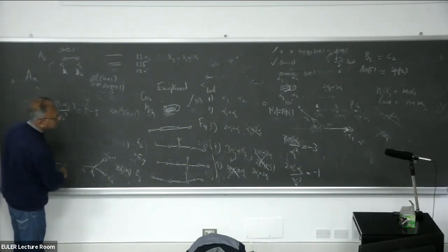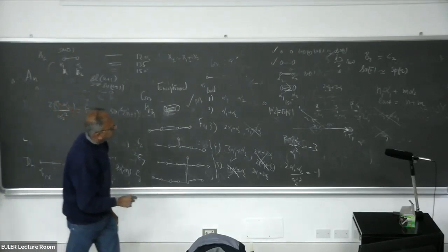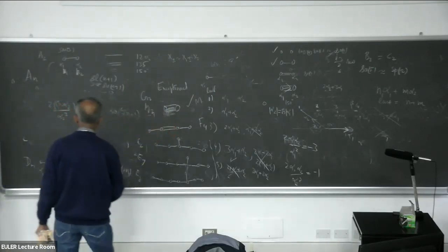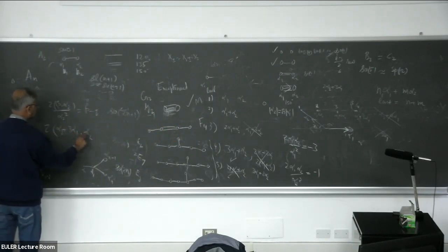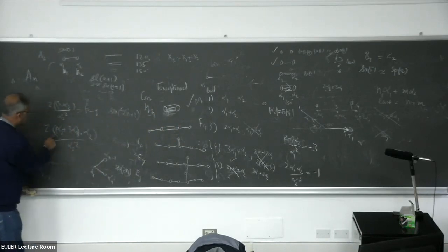Beta is alpha 2 plus 3 alpha 1. So this is 2 times alpha 2 plus 3 alpha 1 dot alpha 2, divided by alpha 2 square. The first term is 2 alpha 2 square divided by alpha 2 square, so that is 2.